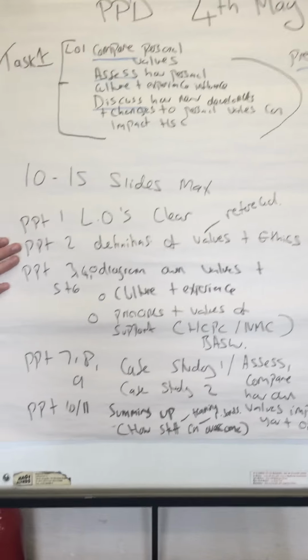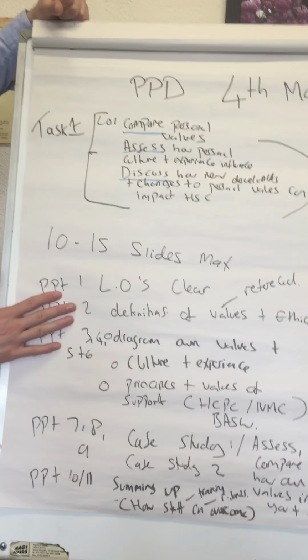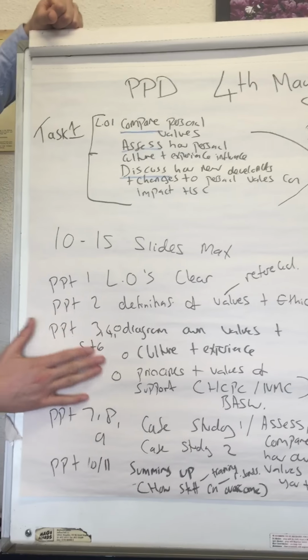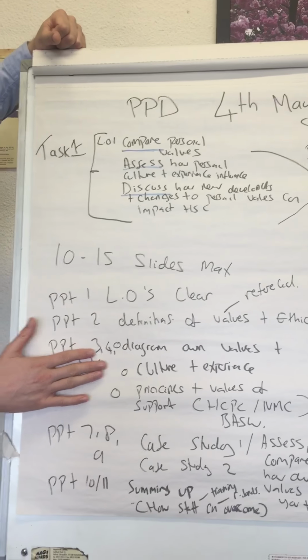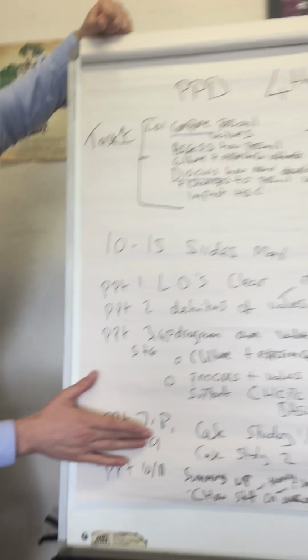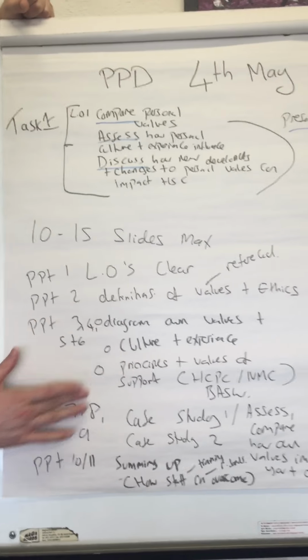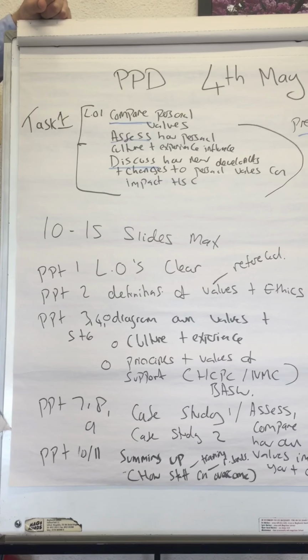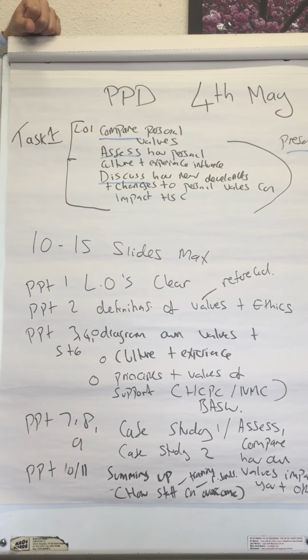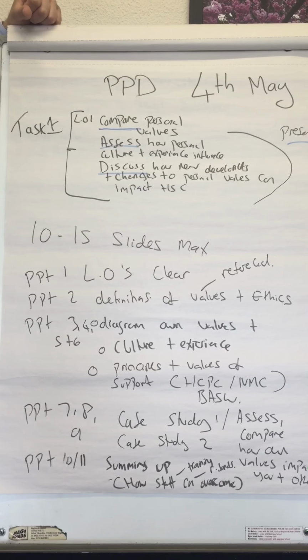Okay, so there you have pretty much your 4, 5, 6 slides, what we need to see. Please look at the unit specification to see what we mean by values, what we mean by culture, for further explanation. Your next bit, for slide 7, 8, is looking at the principles and values of supporting health and social care. So that would be your Healthcare Professional Council, your NMC, BASW.